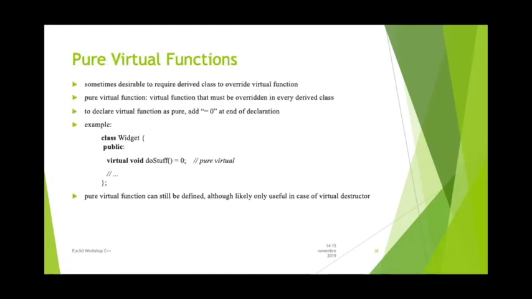So, pure virtual functions. It's not just the destructor, but sometimes we need some functions to be overridden again and again in every class, not just once, like the previous example for the virtual function. So it's a pure virtual function.